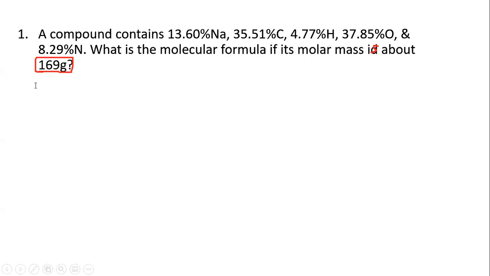So again, what this means is that this is the molar mass of the molecular formula. So the first step, since it gives us percents, is to assume a 100-gram sample.